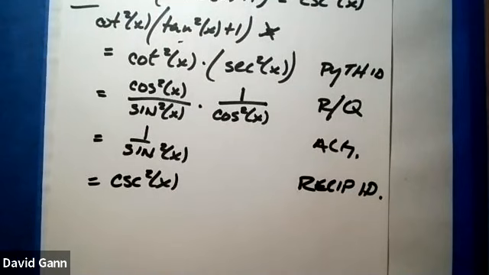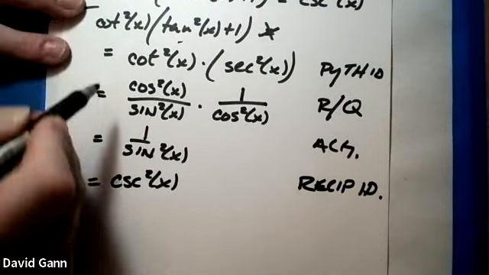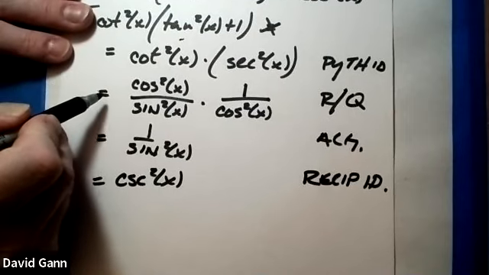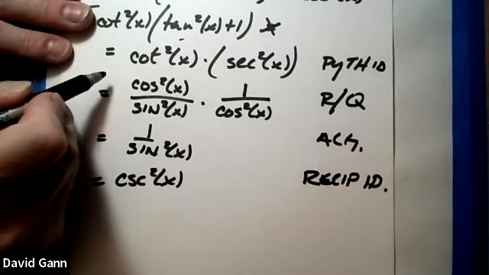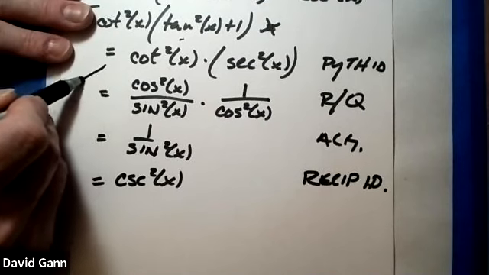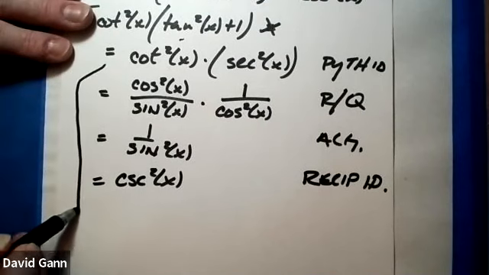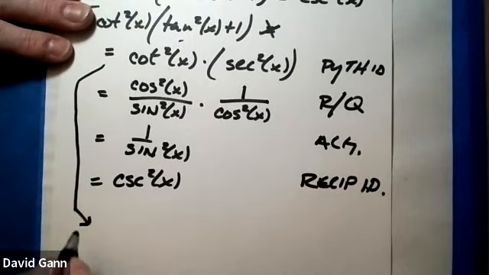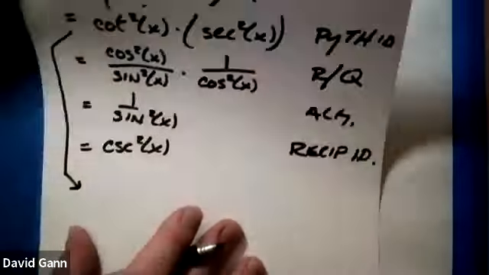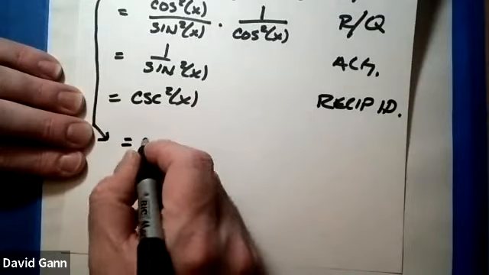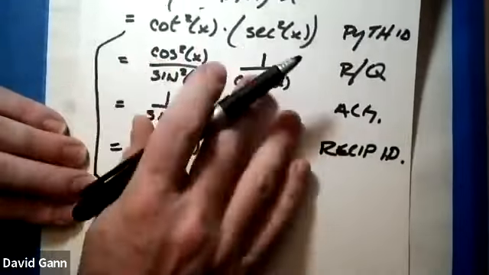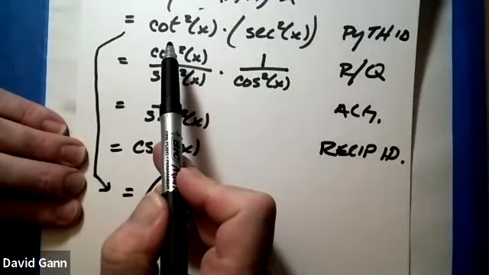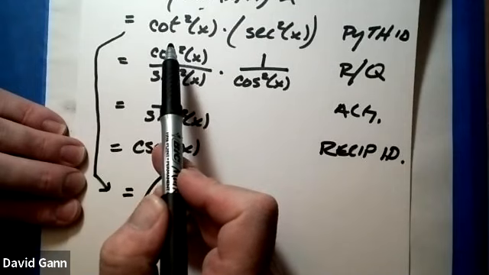Now, this is sort of where the subtlety comes in: I spent 2 extra steps to do this. What I could have done instead is use a different quotient identity. My next step would have been to say, well, cotangent squared is equal to cosecant squared over secant squared.